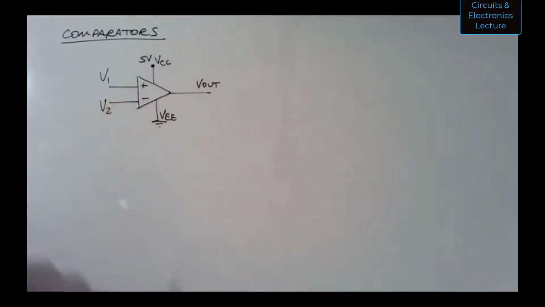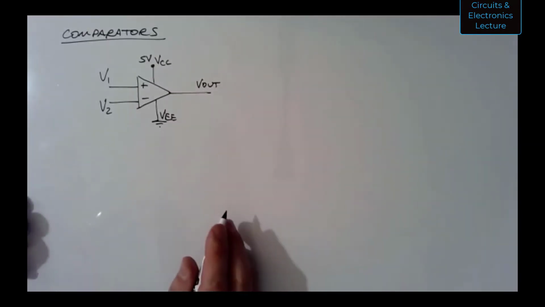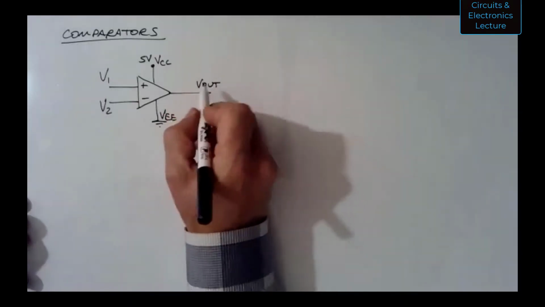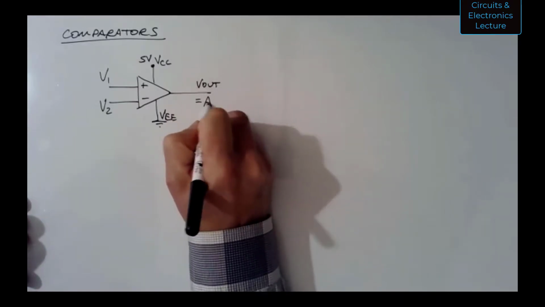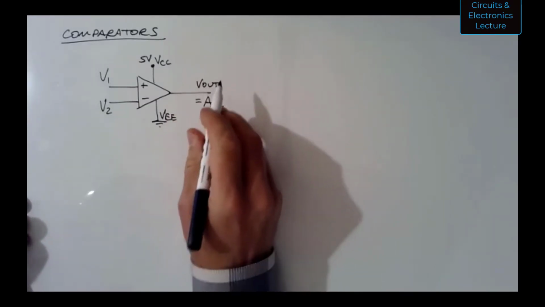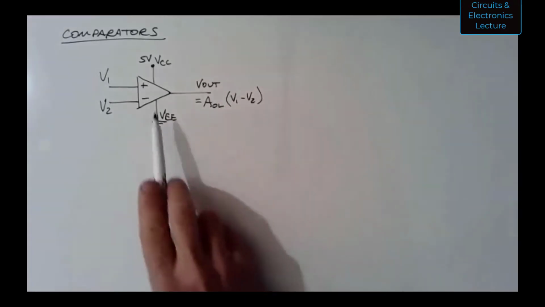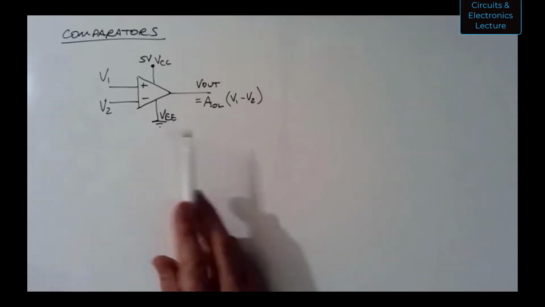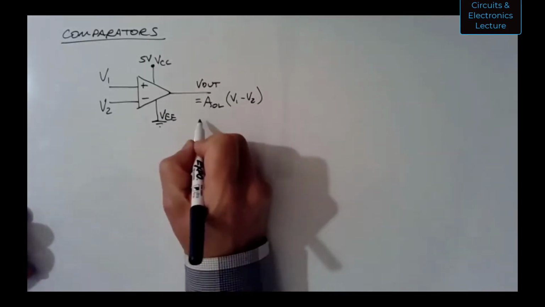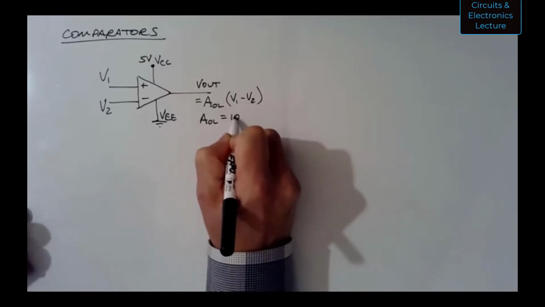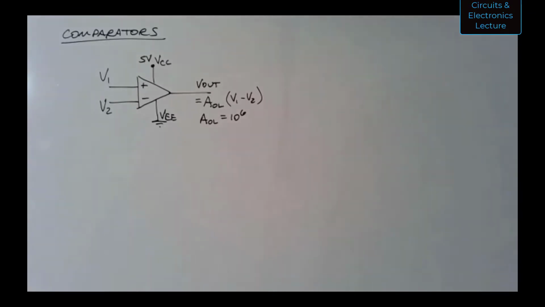So there's some voltage source that's 5 volts connected between this top node and ground. V1 and V2 are the input voltages as shown. So you know that V out is equal to some big gain times V1 minus V2, as long as you're within the limits of the power supplies, the output voltage swing limit. Let's take an easy number for AOL. Let's make it 10 to the 6th. That's a pretty big AOL, but let's use that.